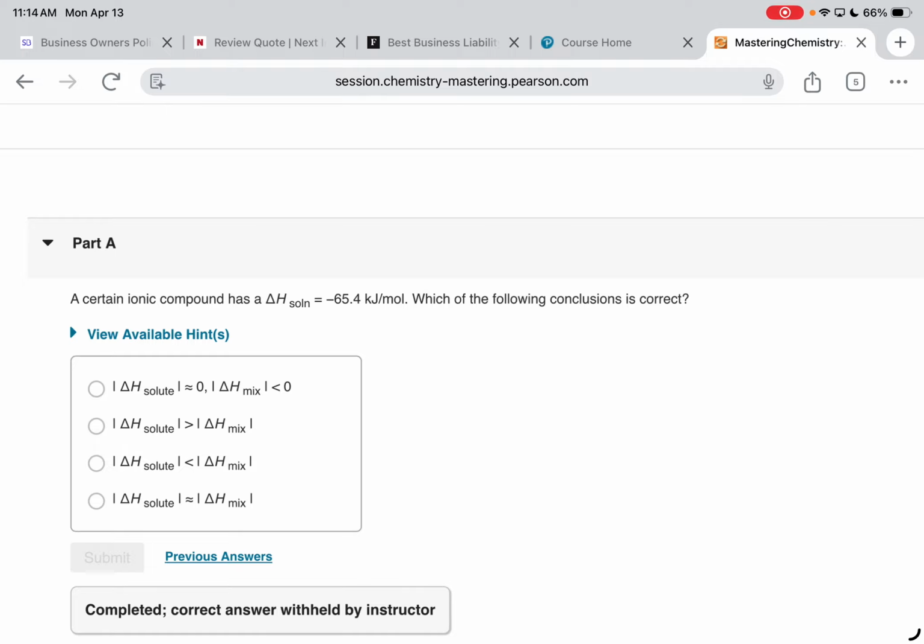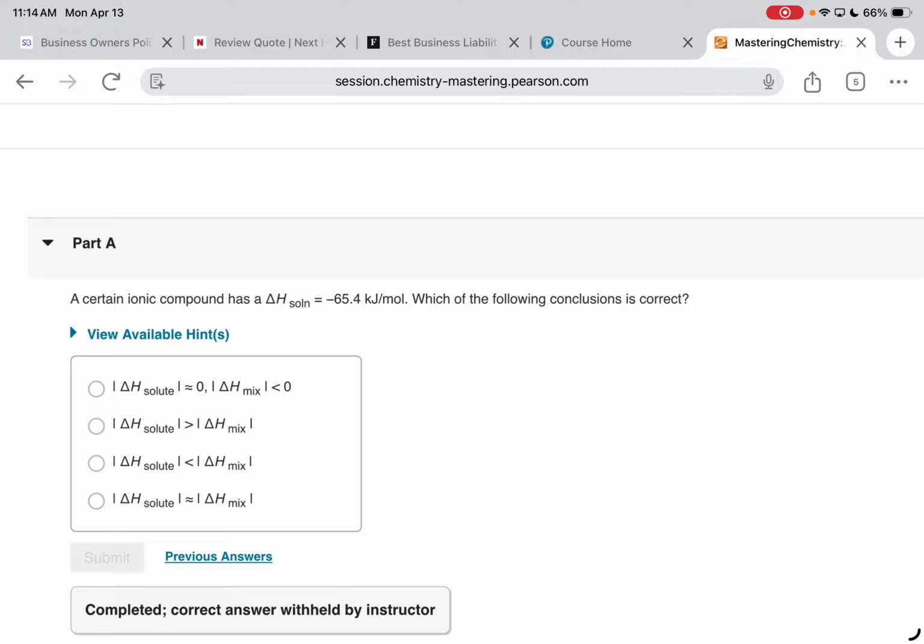The difference between where you started and where you ended, that amount of energy, is called the delta H of the solution. It's how much energy changed to form the solution. We're just breaking up the forming of the solution into these 3 steps.